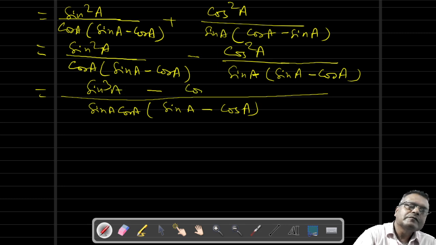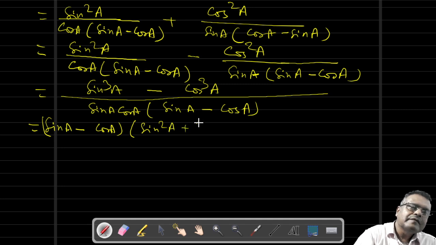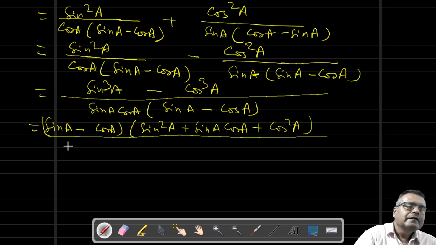You can expand sin cube A minus cos cube A in this form: (sin A minus cos A) into (A square plus AB plus B square), so sin square A plus sin A into cos A plus cos square A. This is divided by sin A into cos A into (sin A minus cos A).